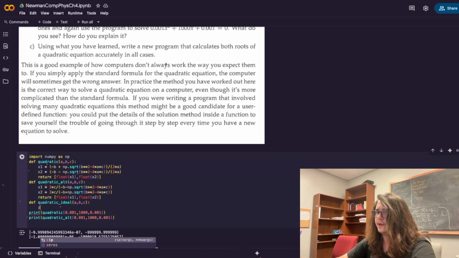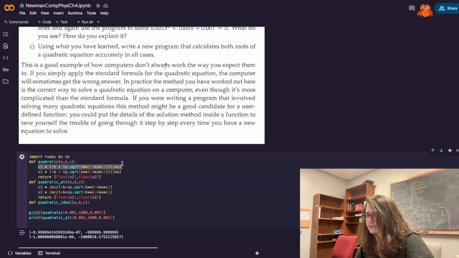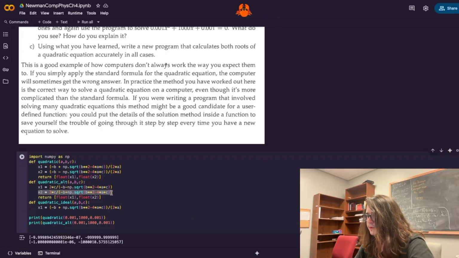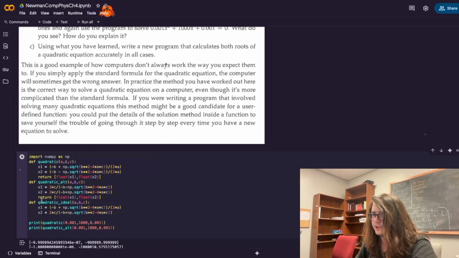For x1, we use the version of x1 from the traditional form of the quadratic formula. For x2 you use the one from the alternate formulation because it involves less subtraction. And then the return line will be identical to the last two.